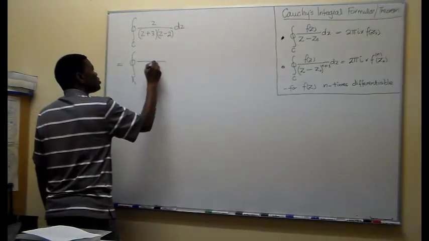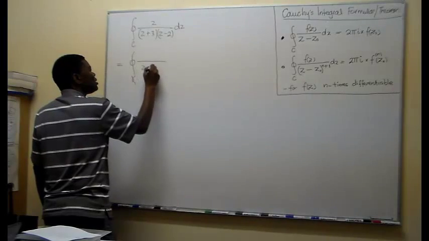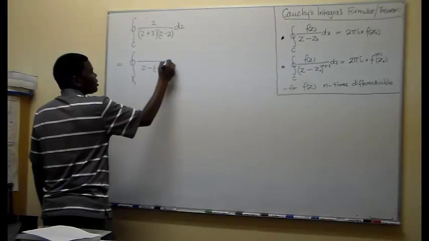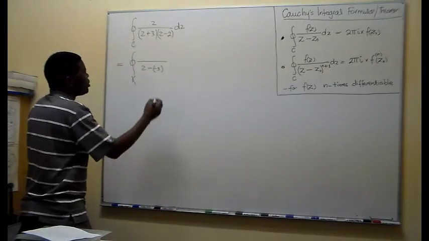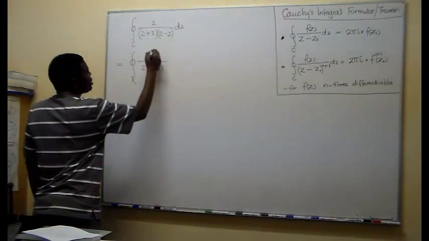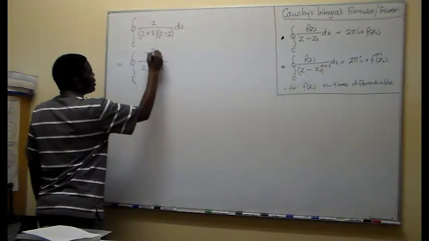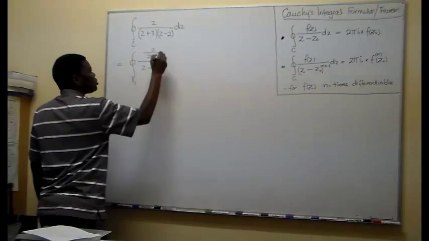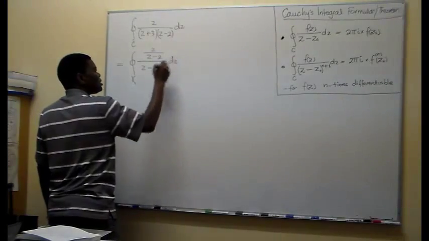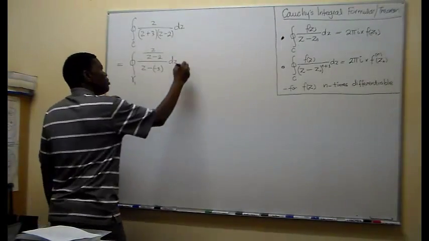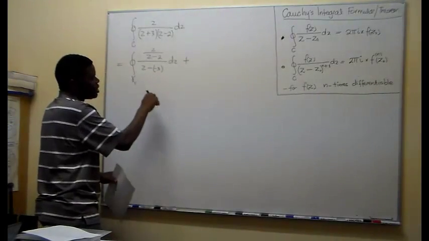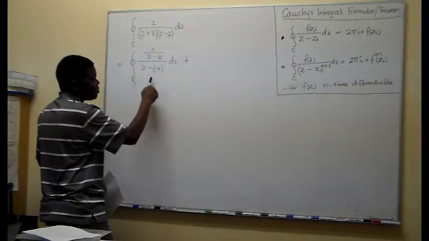In this case, let's choose z0 equals minus 3. So we have here z in the numerator, z minus 2, dz, plus. I'm trying to be quick here because we've seen this before.